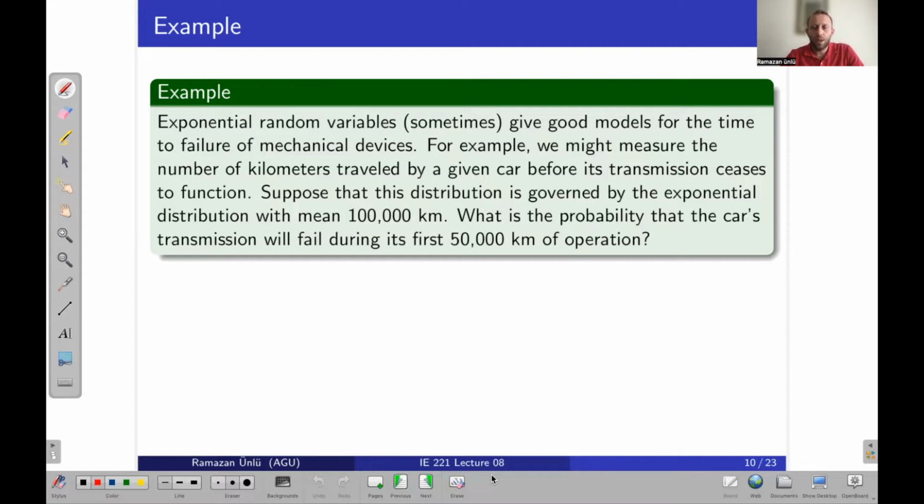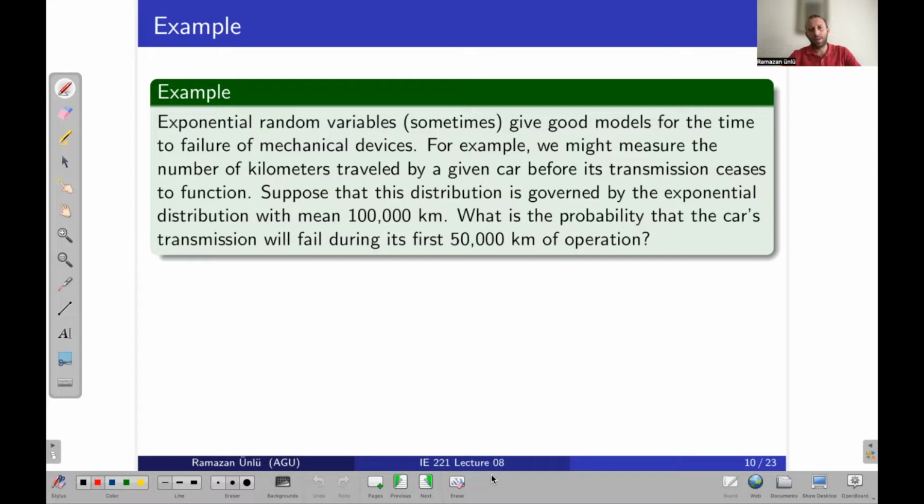For example, we might measure the number of kilometers traveled by a given car before its transmission ceases to function. So at some point the transmission will stop working properly, failing at some number of kilometers.